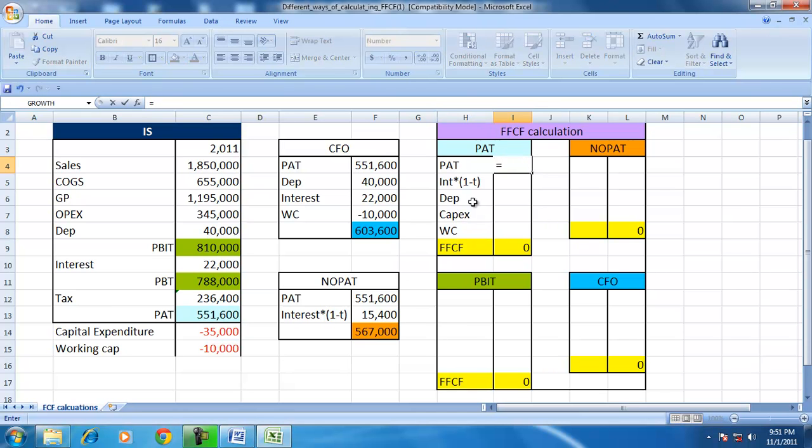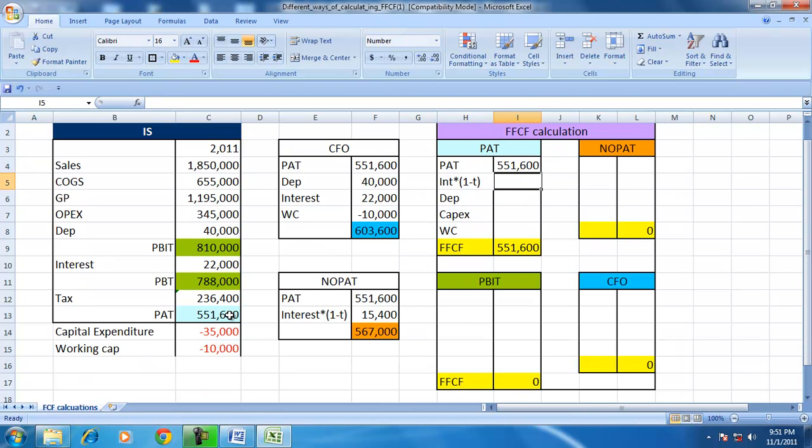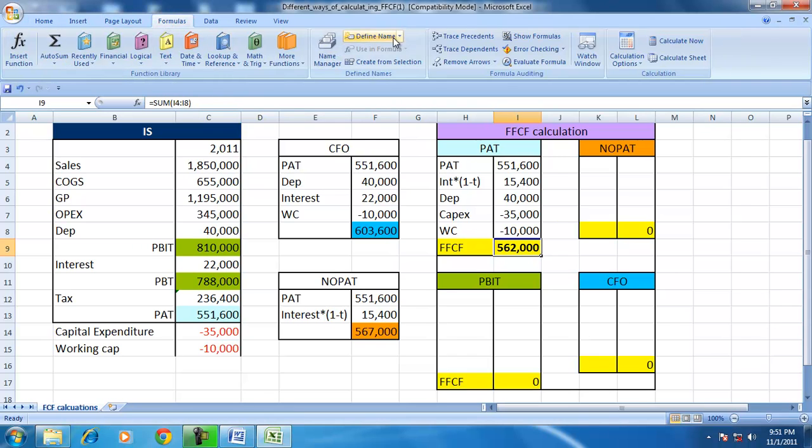PAT is 550, interest into 1 minus T is 0.70, then depreciation 40,000, capex minus 35,000, working capital minus 10,000, so 562,000 is the free cash flows for the firm.